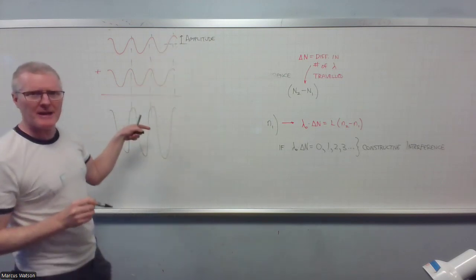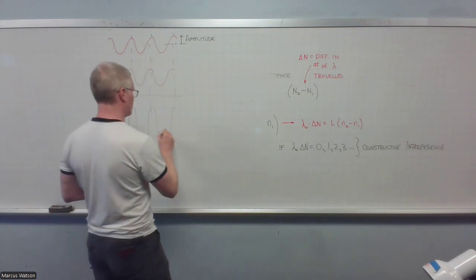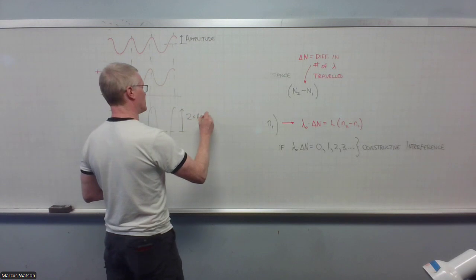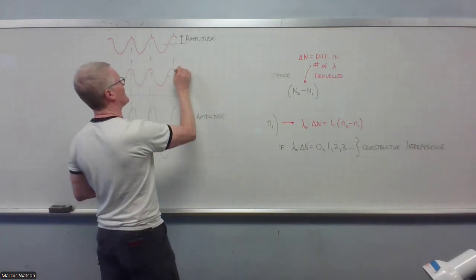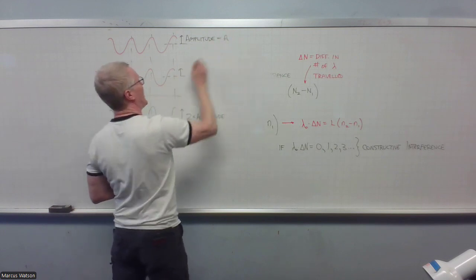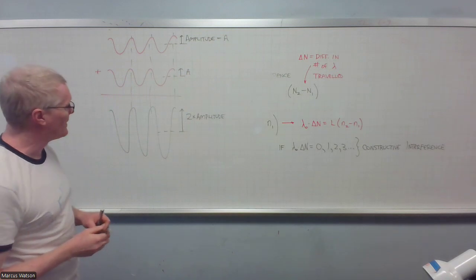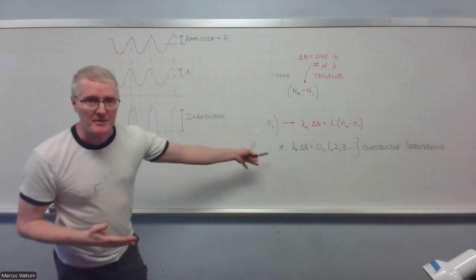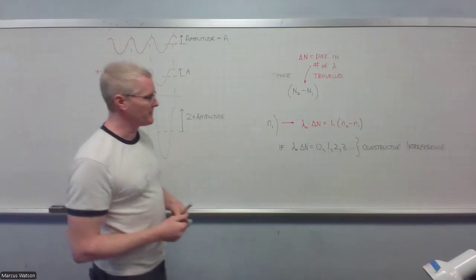The peaks should all still match up, but the amplitude is now double. If I call the amplitude A and I call this A, then it's 2A for the amplitude down here. This is what's called constructive interference, and that's what would happen if you got the waves shifted by an integer number of wavelengths.